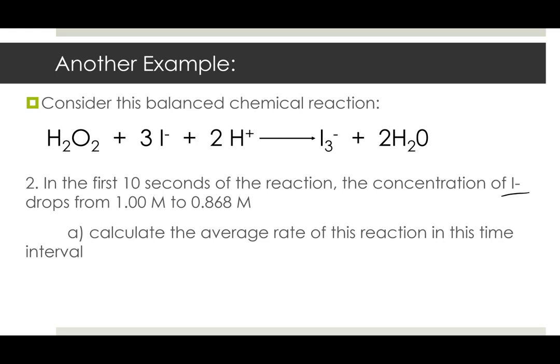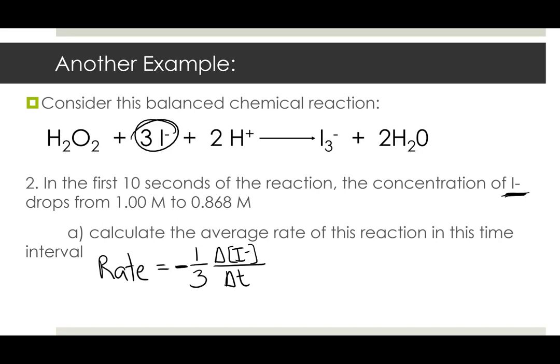So calculate the average rate of this reaction. So let's go back to this. Rate equals, it's going to go down. So we're looking at iodine, right? Because that's what the concentration gives us. So 1 over 3 times the change in concentration of iodine over the change in time.